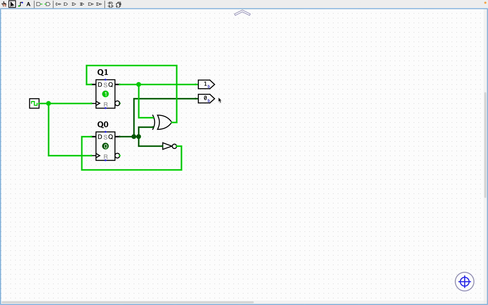And the output of the NOT gate is the D input of the Q0 flip-flop, which implements the equation D0 equals NOT Q0. These D inputs control what value will be loaded into the flip-flop on the next clock tick. Based on the current state, Q1 and Q0, we want to set the next state by sending correct values to D1 and D0.